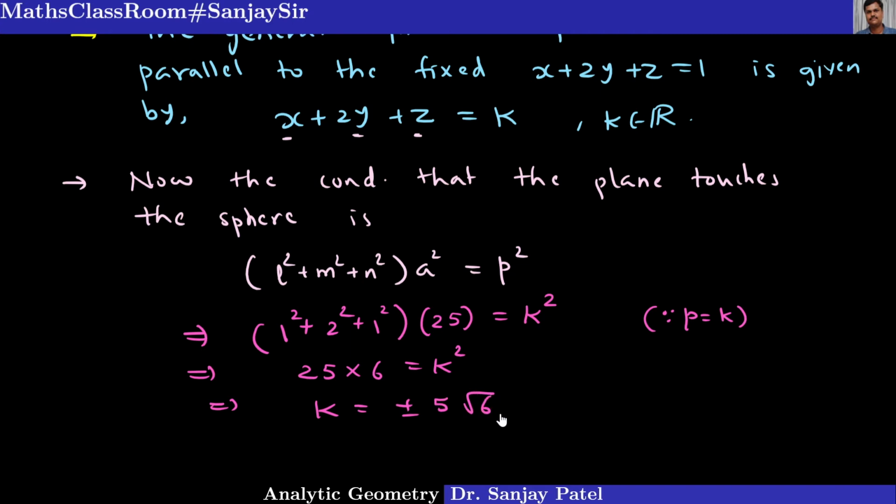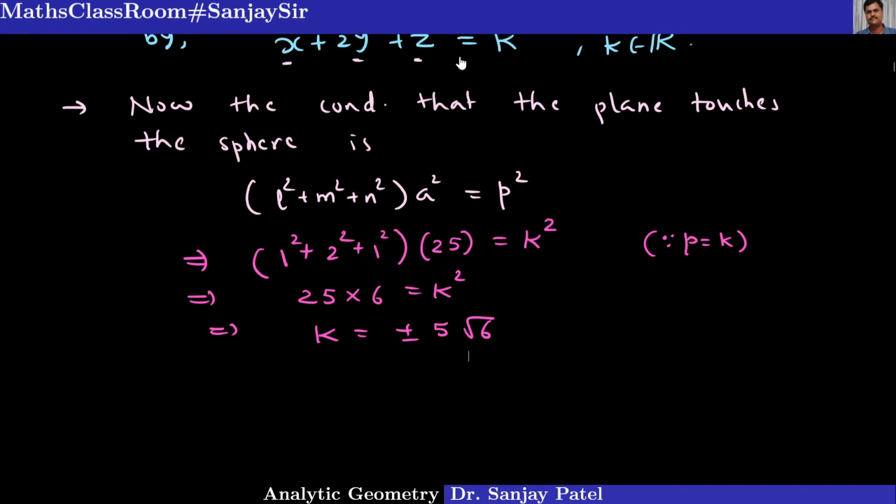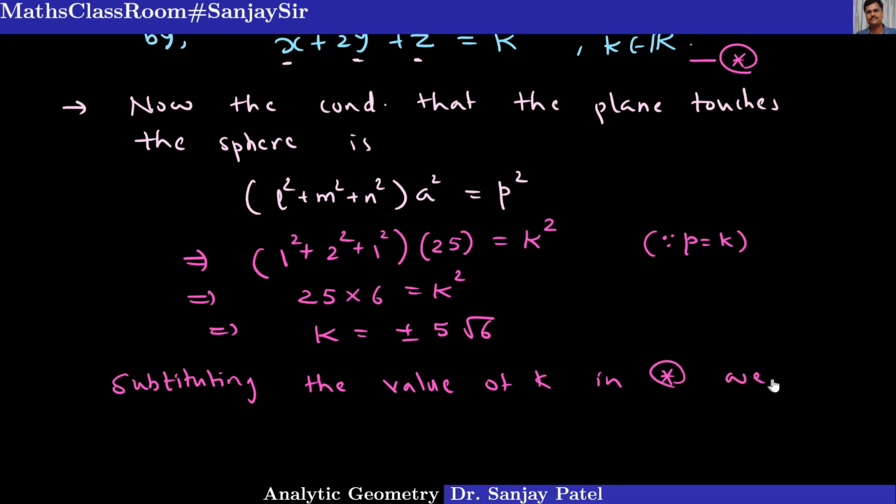So we get two values of k, and putting these two values here, we get the required tangent planes. So let me call this star. So substituting the value of k in star, we get the required tangent planes: x plus 2y plus z is equal to plus or minus 5 root 6.